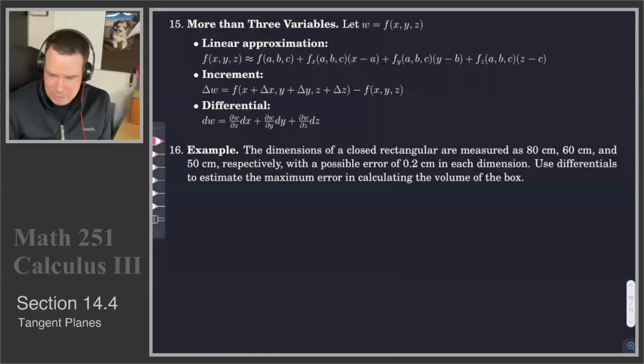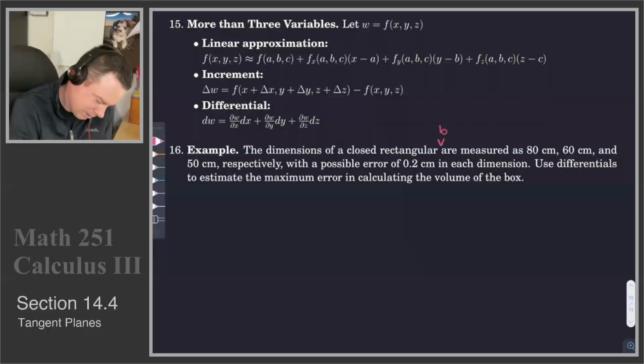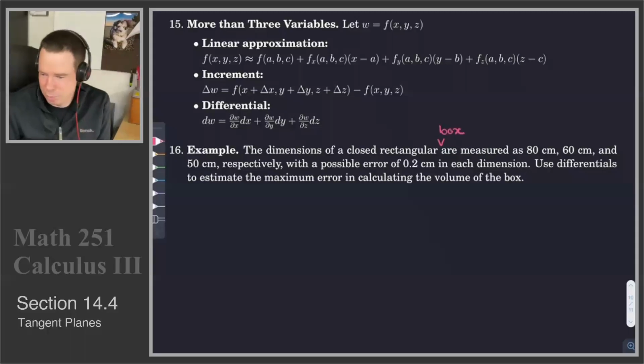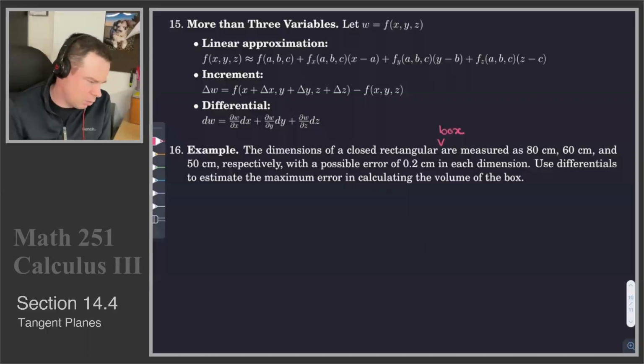So for this example here, the dimensions of a closed rectangular box, notice I missed the word box there, are measured to be 80 centimeters, 60 centimeters, and 50 centimeters respectively. So we've got this box, we've just measured the side lengths, and we get these values.